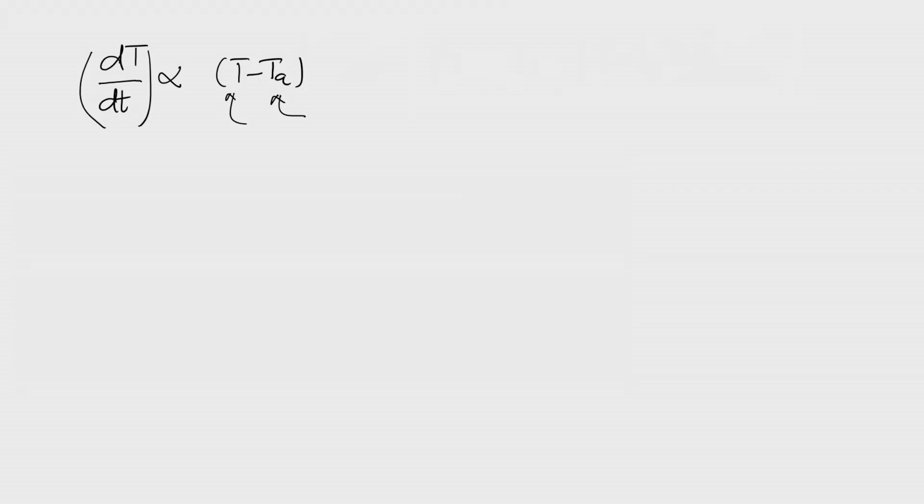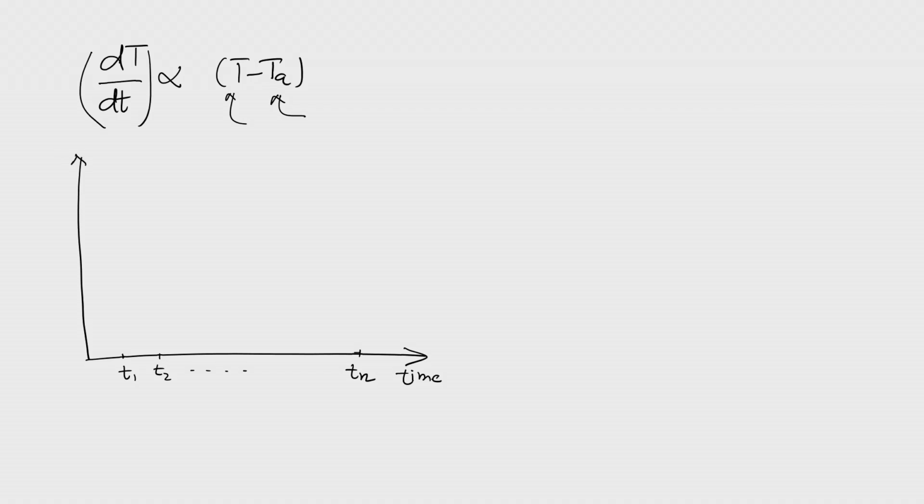If you remember the experiment, we drew the curve on x and y axes. Here my x axis is time, so I mark time here, t1, t2 and so on, up to tn. On the y axis, we have delta T, and then we got data like this.